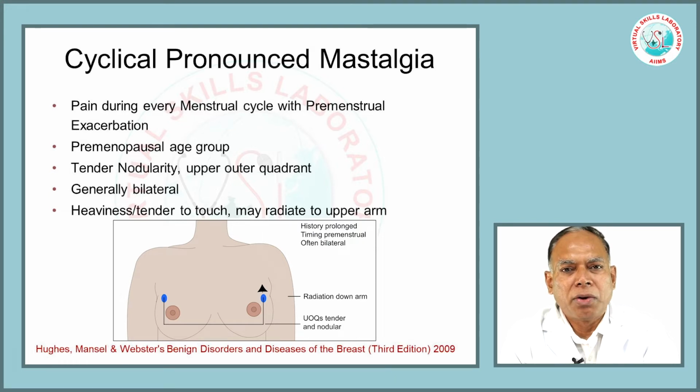There may be tender nodularity when you palpate the mammary gland in these ladies, the most conspicuous or prominent being the nodularity in the upper outer quadrant of the breast. In some ladies, this pain may even radiate to the inner side of the upper arm, and then you have to distinguish it from the pain of angina pectoris, especially if it is happening on the left side.